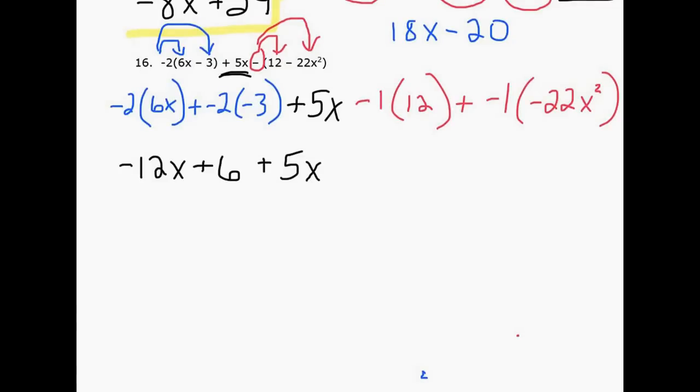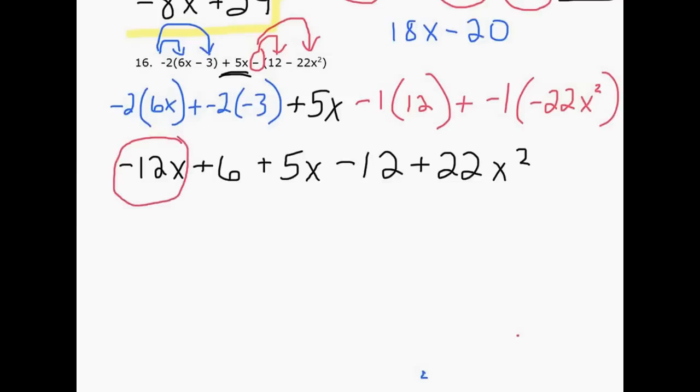Negative times positive is negative 12. And we have negative 1 times negative 22x squared. Negative times negative is positive 22x squared. Okay, so now that we've distributed everything and multiplied it, now we can start combining our like terms.